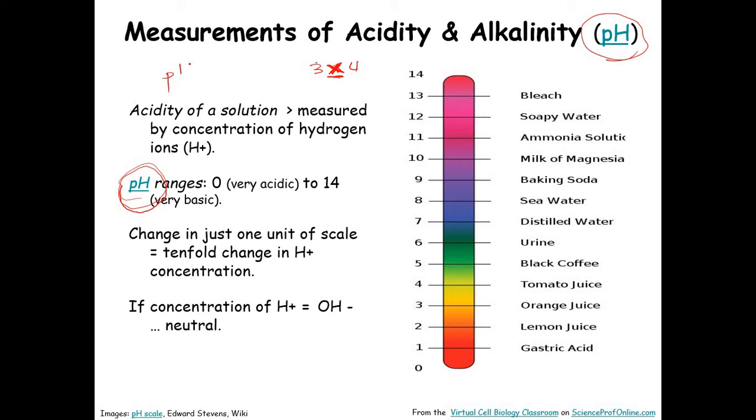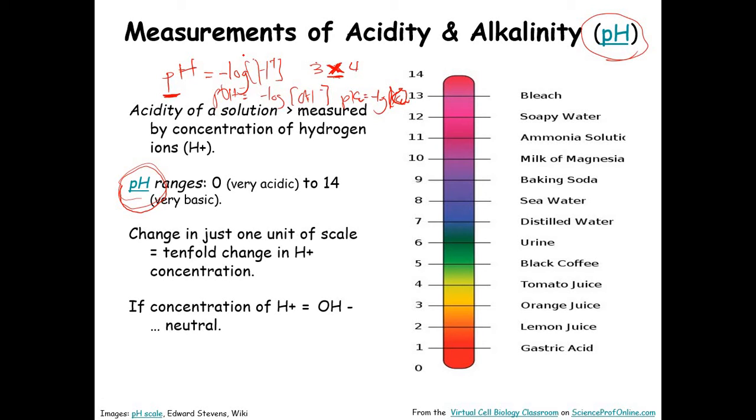Now, if you have pH, for example, this P is an operator. This operator means the operation is to take the negative log. If you have pH, it means to take the negative log of the H plus concentration. If you have pOH, it means to take the negative log of the OH concentration. If you have pKw, it means to take the negative log of Kw. Okay? So, it's just an operator.